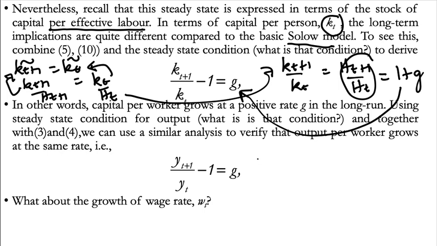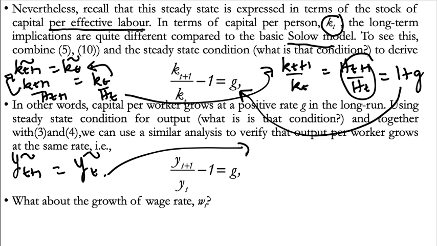So similarly for this, we know that yt plus 1 tilde equals yt tilde when it is at steady state. Output per effective worker or labor or person, okay, must be equal to output per effective labor for the current year, yeah. And using 6, this one actually looks like this, isn't it?